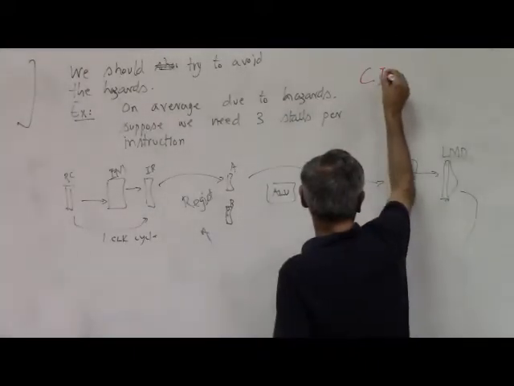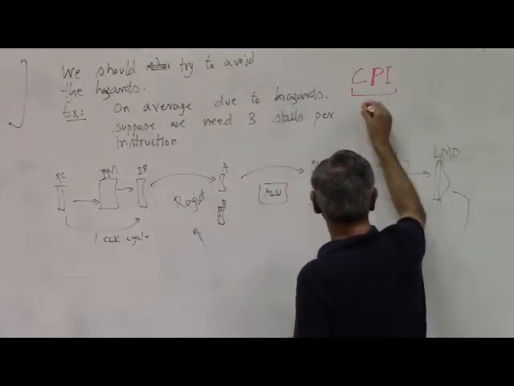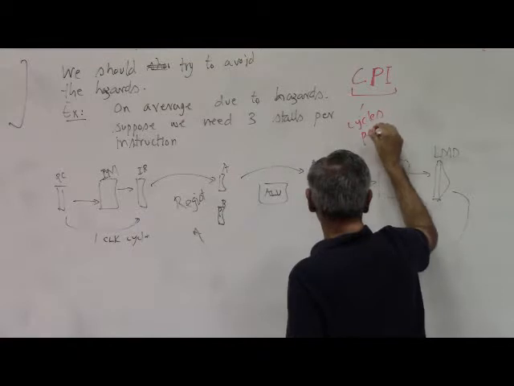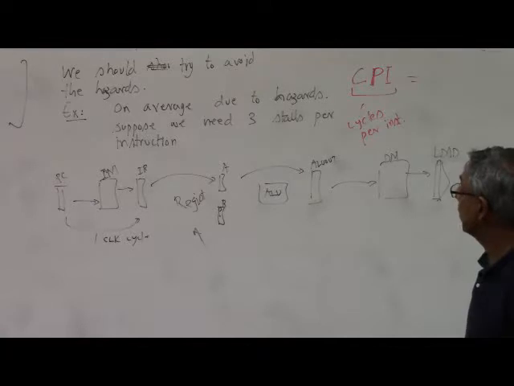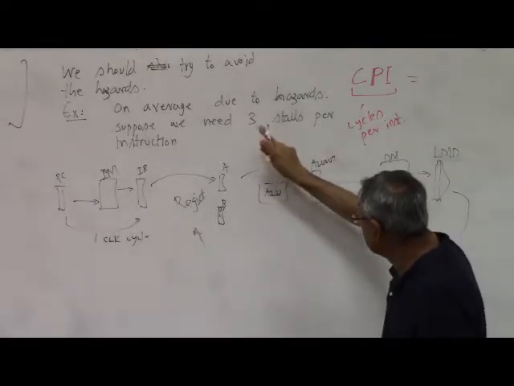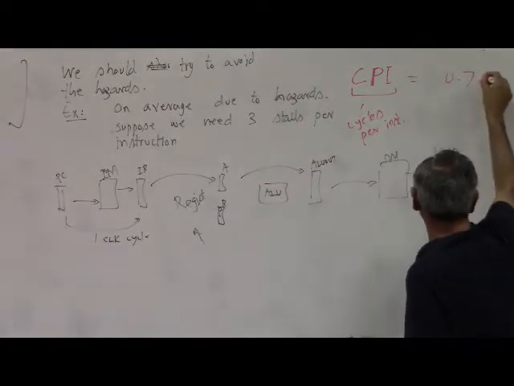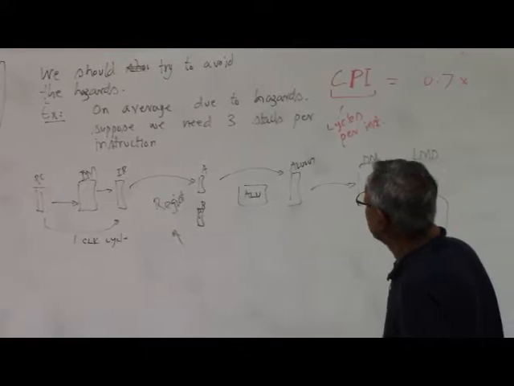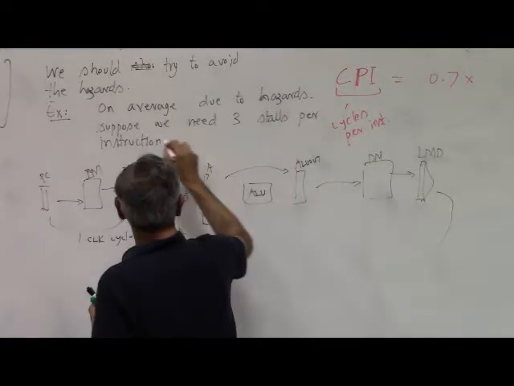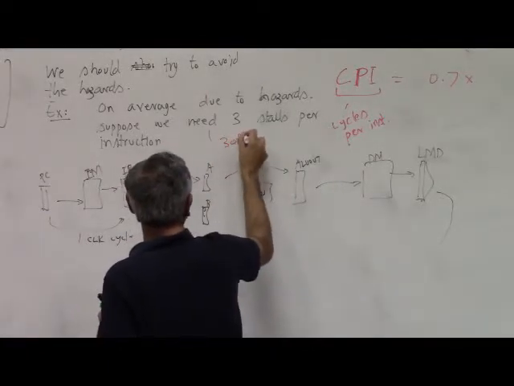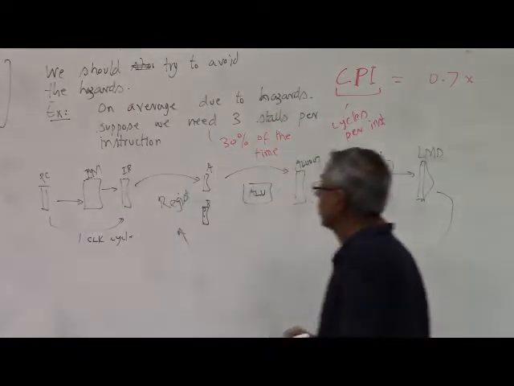Our performance, if you recall, was measured by the weighted cycles per instruction, CPI. Suppose on average, due to hazards, 30% of the time we need 3 stalls per instruction, right?